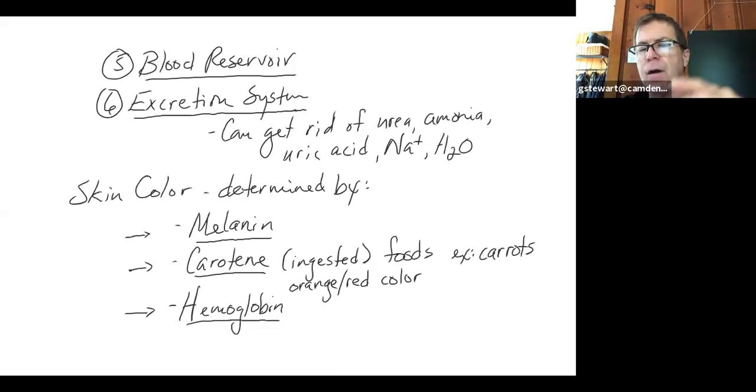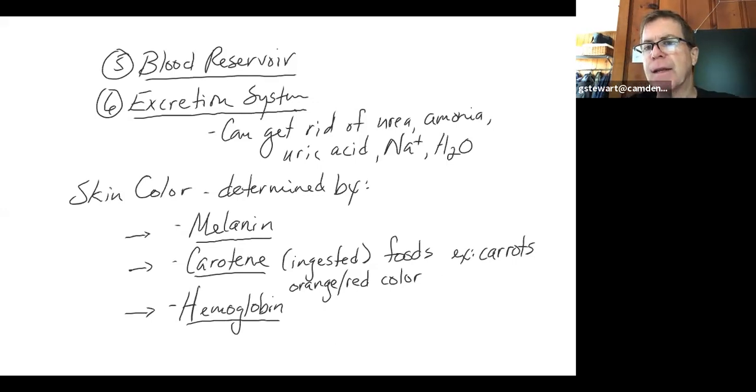There are a lot of capillaries close to the surface of the skin, and hemoglobin with oxygen bound to it produces a bright red that gives the skin a red or pinkish hue. So these three main factors, melanin, carotene, and hemoglobin, really determine the skin color of a particular individual.